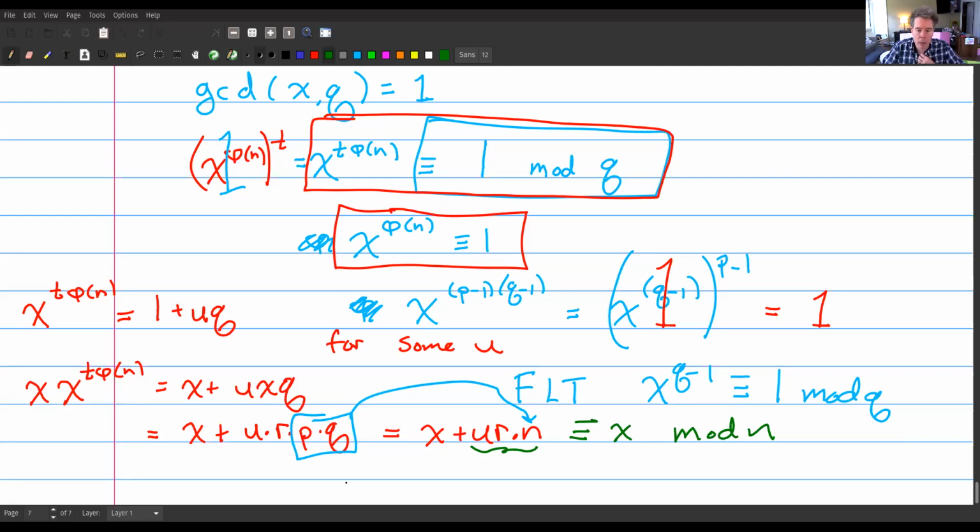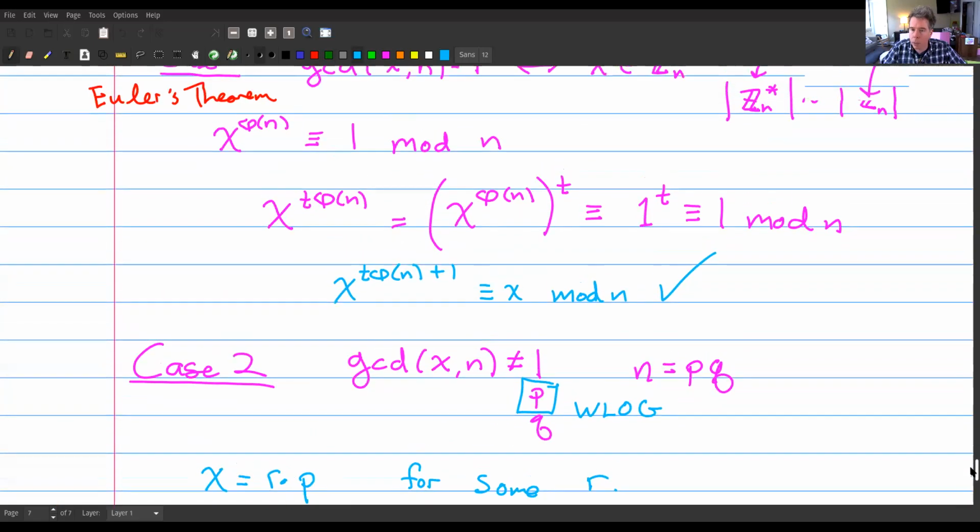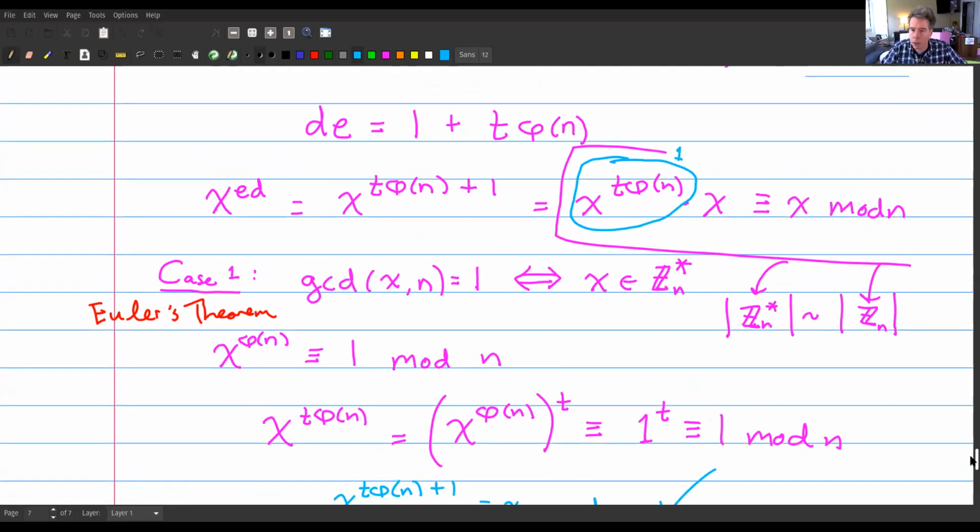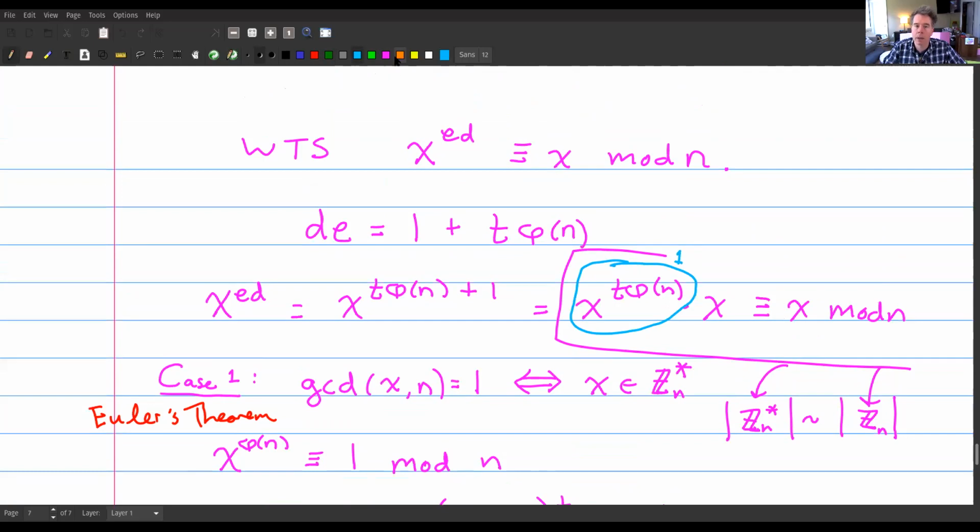So let's just write it all on one line. We just showed that x times x to the t times phi of n is congruent to x mod n. And this is precisely what we have been trying to show ever since this line up here. So way back here, this is what we wanted to show.